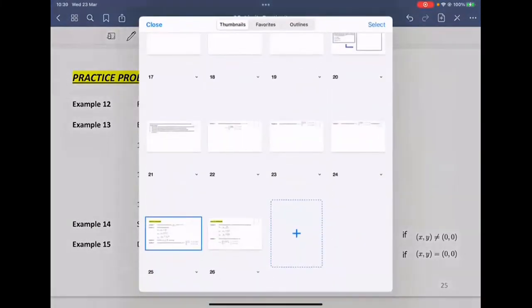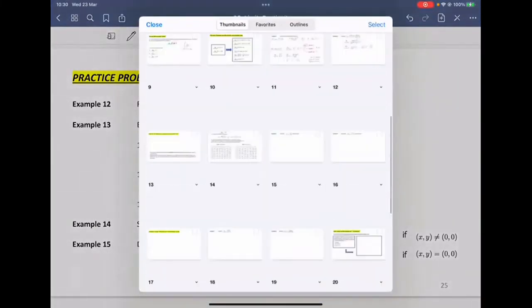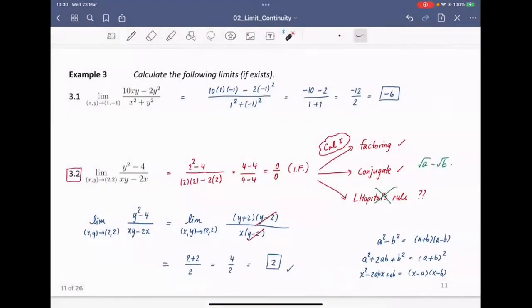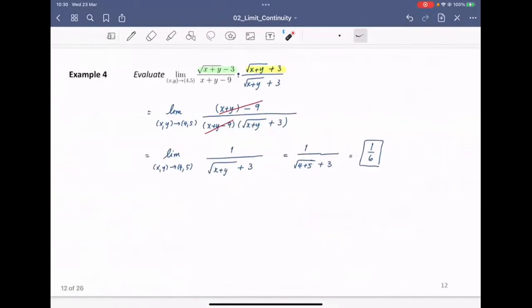Keep in mind, practice problems are going to be at the end of the handout. You can always practice your skill there, because they're going to be similar to the practice problems on the exam. If you do that, you sharpen your skill and should be good. All right. This is the end of the first part of computing limits using 0 over 0 and conjugate.